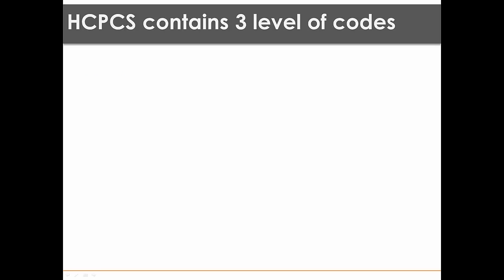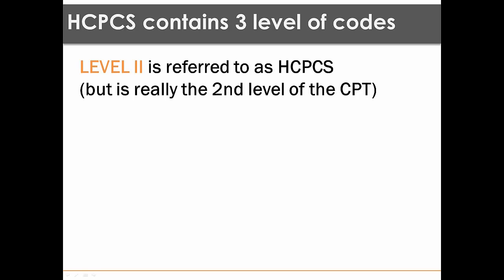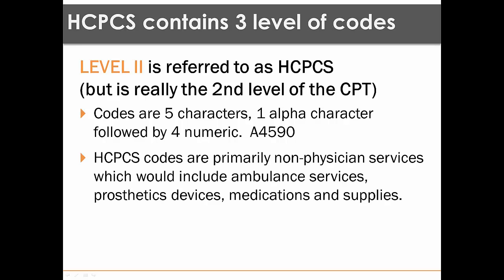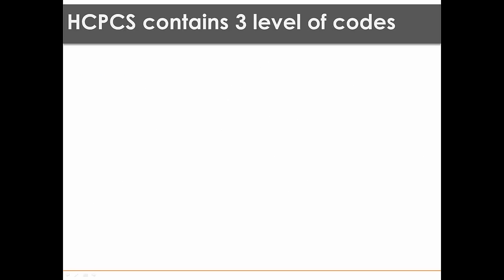Level 2 is referred to as the HCPCS, but is really the second level of the CPT code set. Codes are 5 characters, 1 alpha character followed by 4 numeric characters, such as A4590. HCPCS codes are primarily non-physician services, which can include ambulance services, prosthetic devices, medications, and supplies.